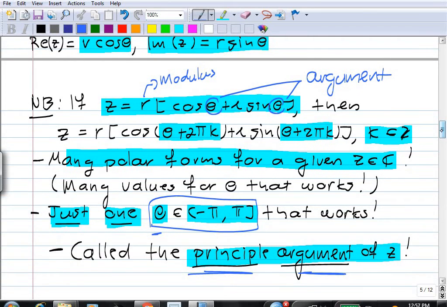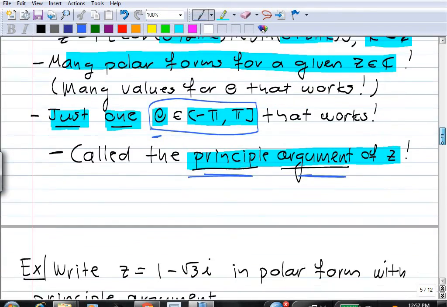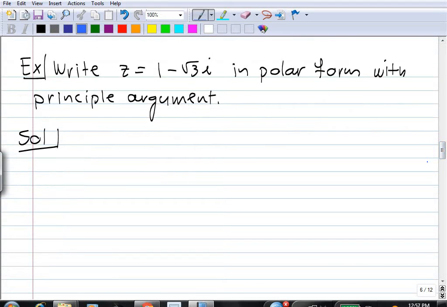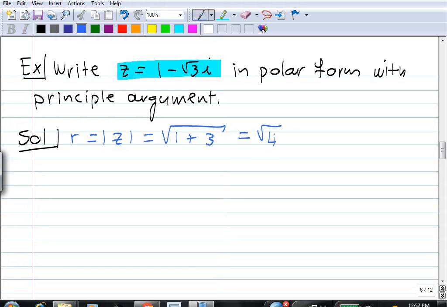Right, so let's look at a quick example. We want to write the complex number z equals 1 minus root 3 i in polar form with principal argument. So obviously the first thing we need to do is get r. And r is mod z. And so that's going to be the root of 1 plus 3, root 4, which is equal to 2.